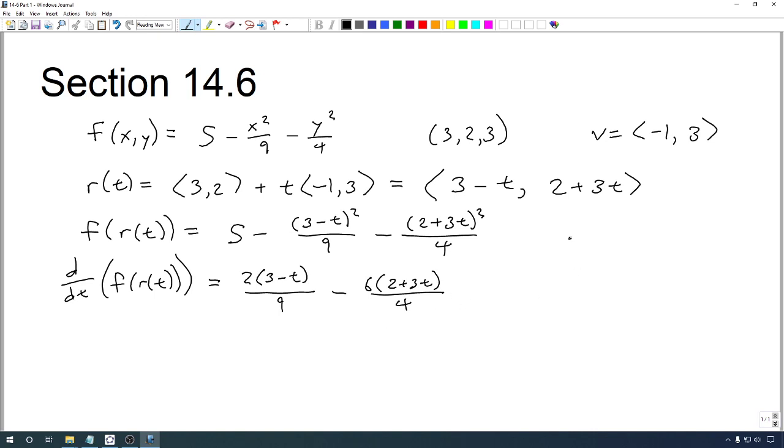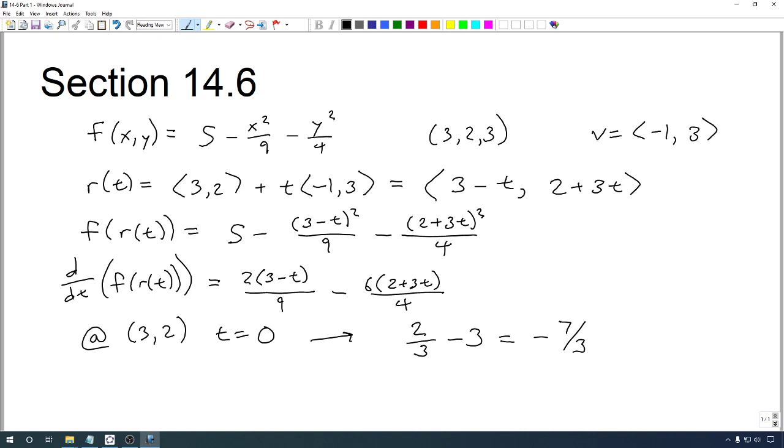And if we then say at our point 3, 2, which corresponds to t equals 0, if we plug t equals 0 in here, we have 2 times 3 over 9, which just becomes 2/3. And this becomes 6 times 2 over 4, which becomes a 3. Or in other words, we get a negative 7/3. That's the derivative of that function.